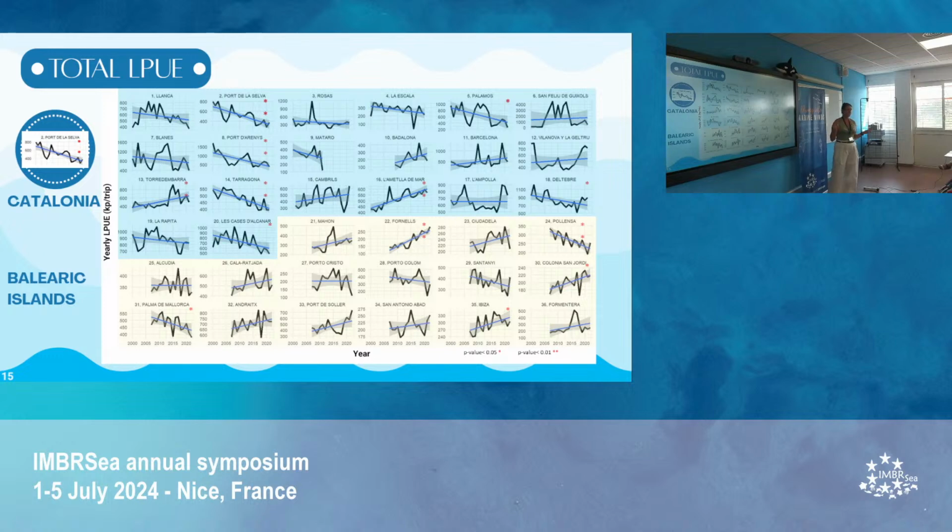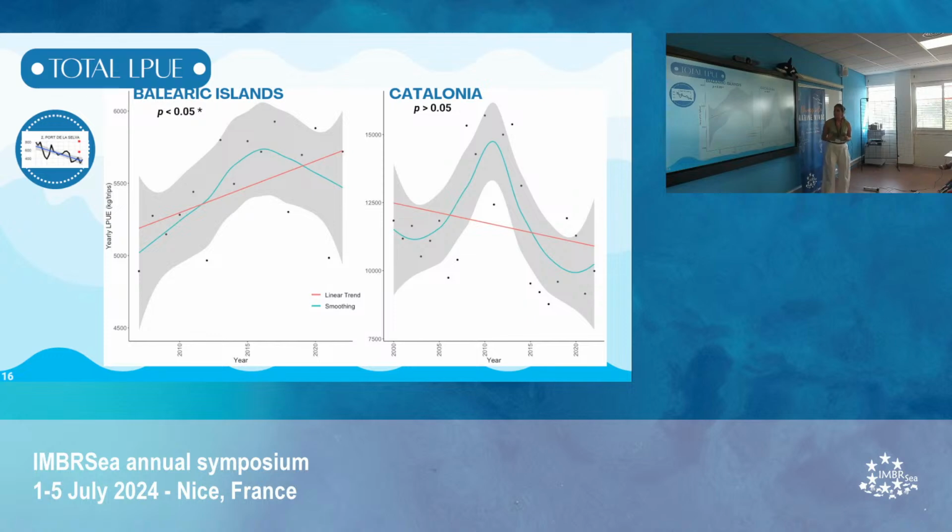As you can see, there's lots of variation between ports, and some areas had significant trends over our study period. If we look at the regional scale, we can see that in the Balearic Islands, here on the right, there's a significant positive increase in LPUE, whereas in Catalonia the decline was not significant.